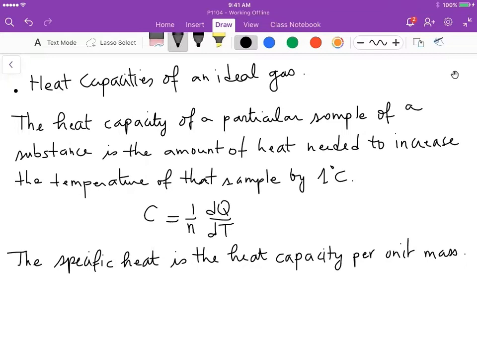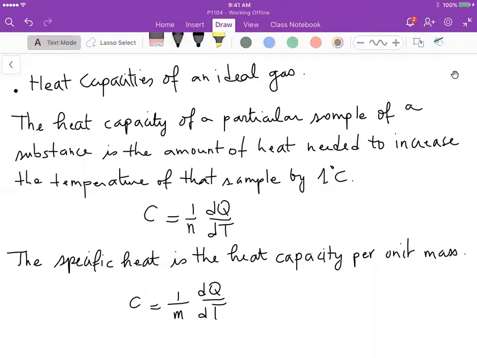The specific heat, denoted by small c, of a given substance is defined as the heat capacity per unit mass. This is why we define it with m here. So c is equal to 1 over m times dQ over dT, where again dQ is the amount of heat needed to raise the temperature of the substance by dT.